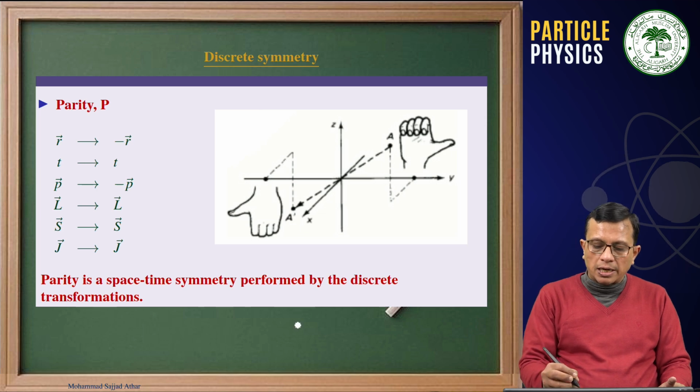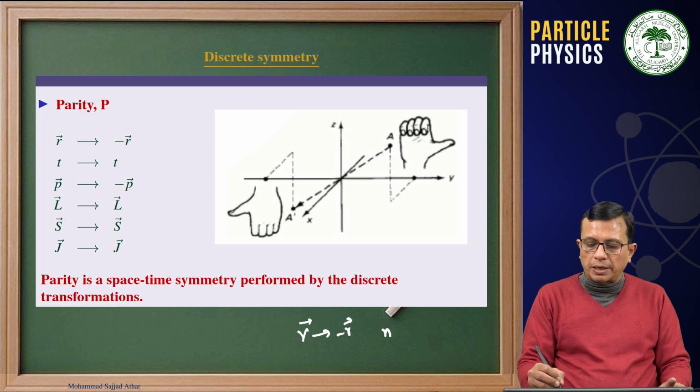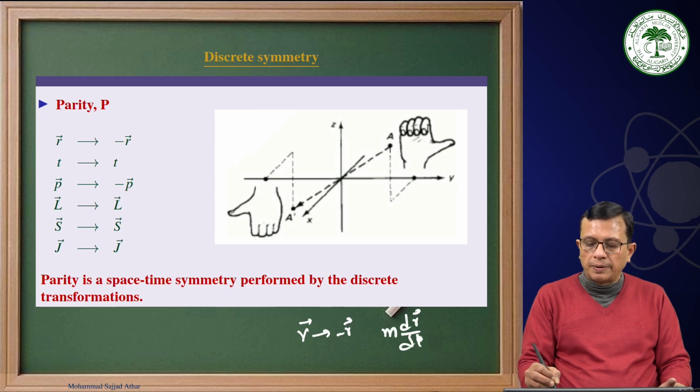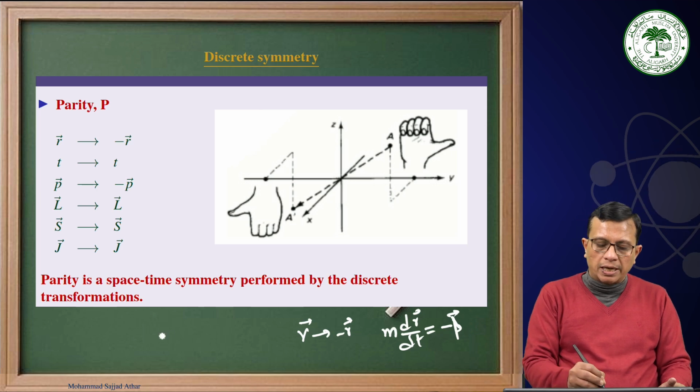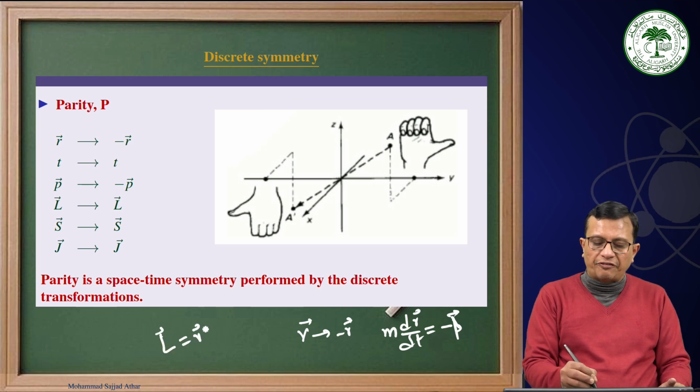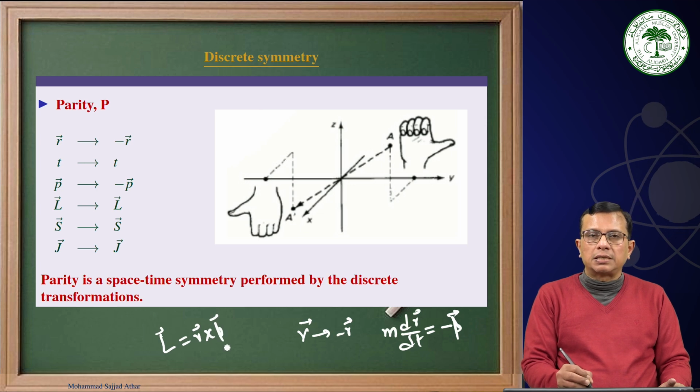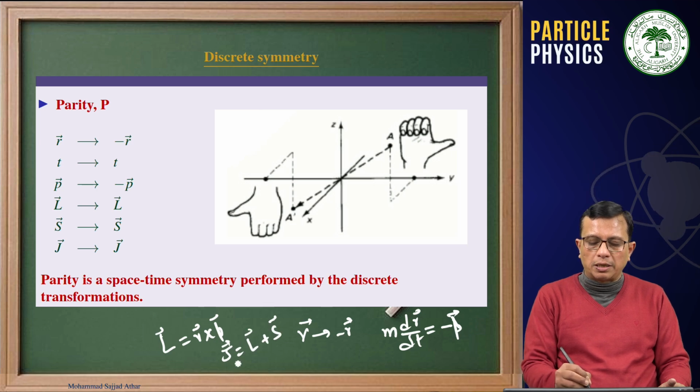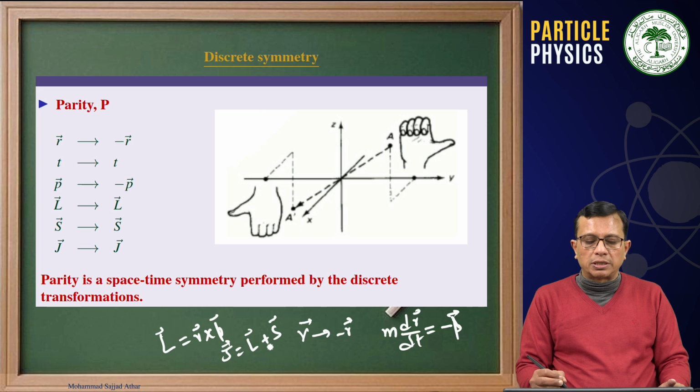Since r changes to minus r, the momentum of the particle, m dr by dt, changes to minus p. P and r both change sign, and therefore the angular momentum, which is defined as r cross p, does not change sign, and J, which is the sum of orbital and spin angular momentum, also does not change sign under parity.